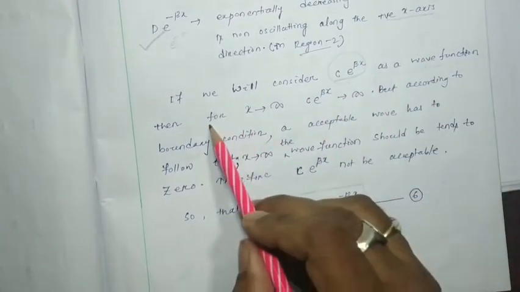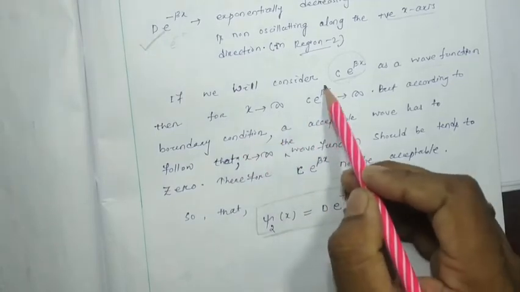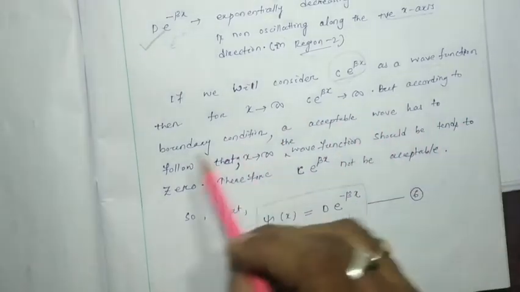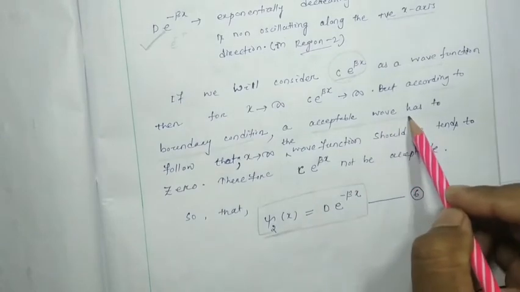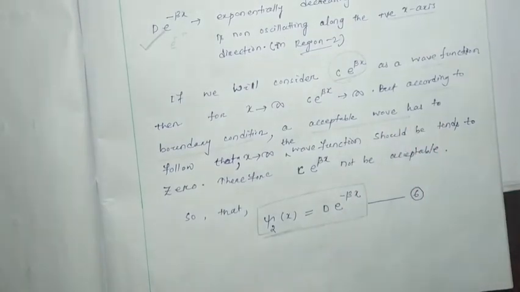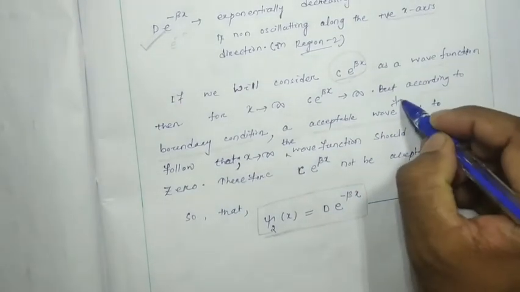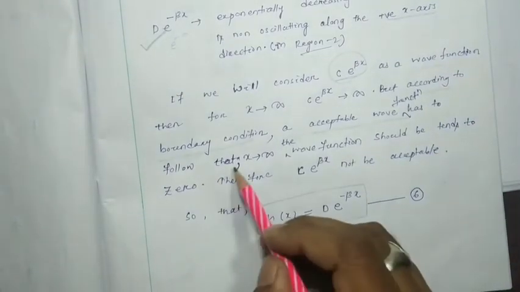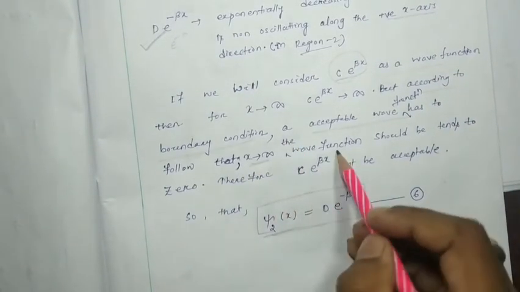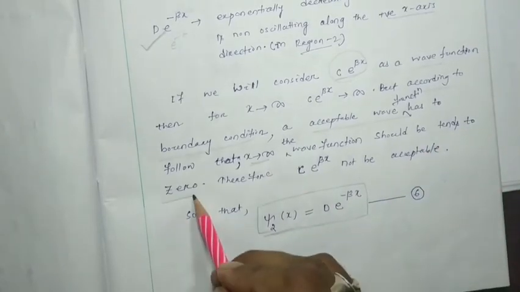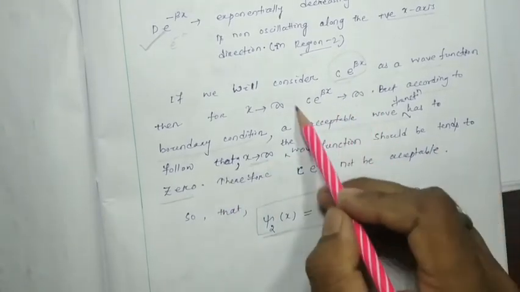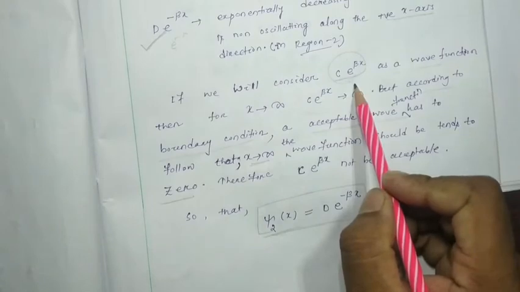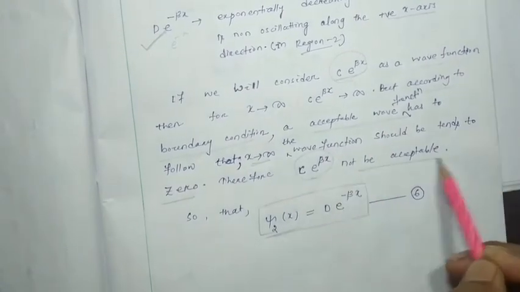For x tends to infinity, c e to the beta x is infinity. But according to the boundary condition, an acceptable wave function has to follow that as x tends to infinity, the wave function tends to 0, but it is not obeying that boundary condition. So hence c e to the beta x is not acceptable.